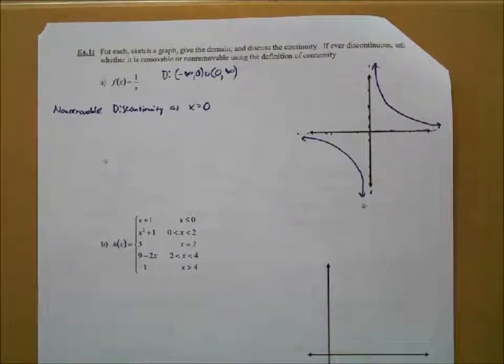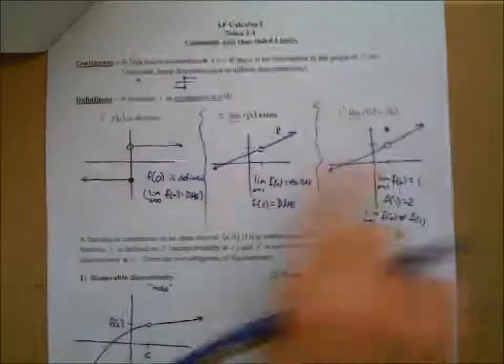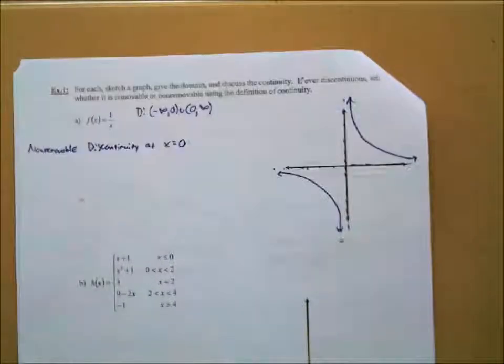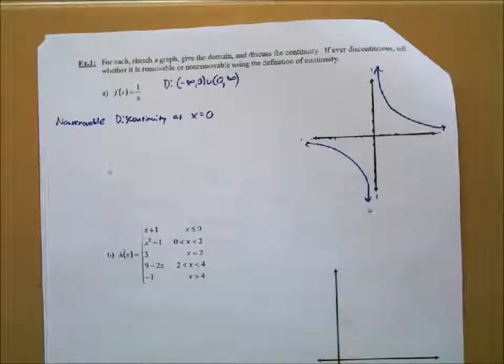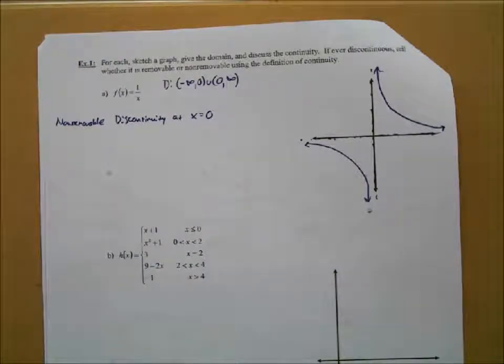So why is it a discontinuity? What properties of continuity fail here? If we're saying it's discontinuous, that means at least one of these 3 properties has to fail. So which of those 3 fail there?